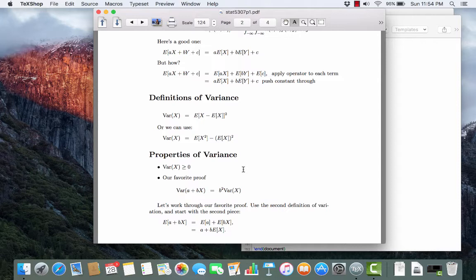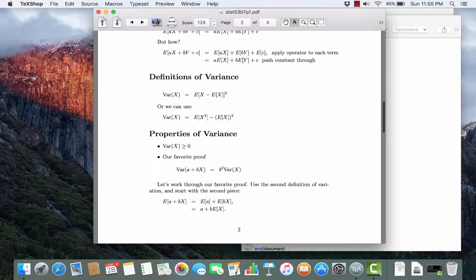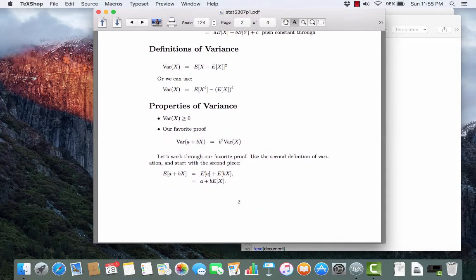Either one's fine, whichever you feel the most comfortable with. So let's look at some properties of variance. Variance is always greater than or equal to 0. We saw that the other day because every term in it is squared, so it has to be greater than or equal to 0. And let's talk about our very favorite proof.